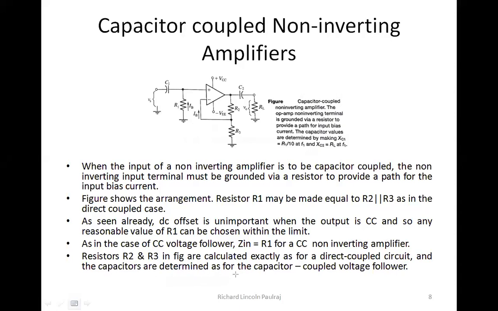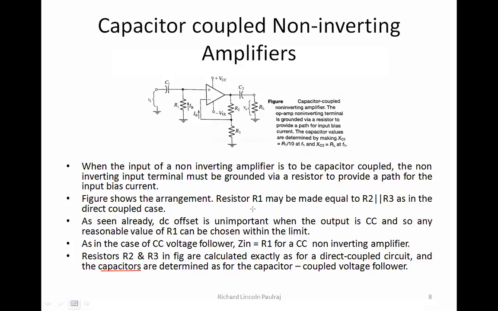And the capacitors are determined as for the capacitor coupled voltage follower. So the formulas for the capacitors here are going to be the same. C1 is 1 by 2 pi f into R1 by 10. So that is what we're going to take.